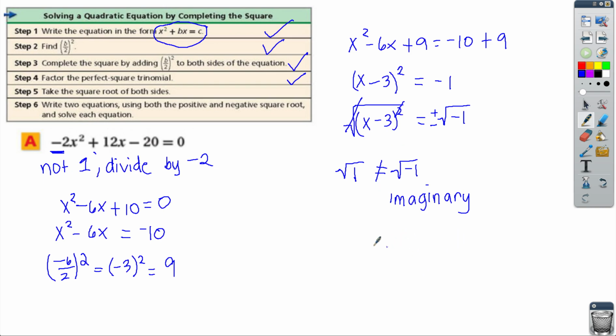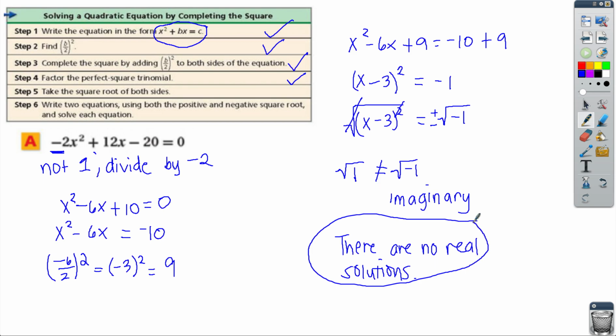So we say that there are no real solutions because the answers are going to be what you call imaginary. And we'll get there. Eventually we'll get there, especially in the next few years. Okay? For now, when you get a square root of a negative number, you can stop solving right here and say that there are no real solutions. Okay? So I'll stop at this point.